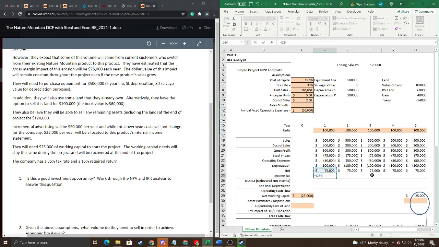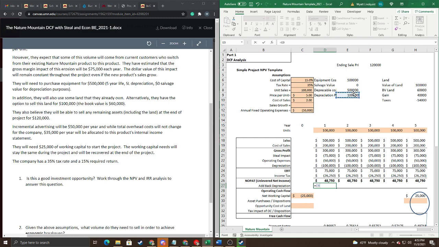So then income taxes are just going to be that $75,000 times negative tax rate. And once again, hit F4 since the tax rate is in a single cell. So that gives us EBIT minus the income tax, which gives us our NOPAT, and our NOPAT is 48,750.